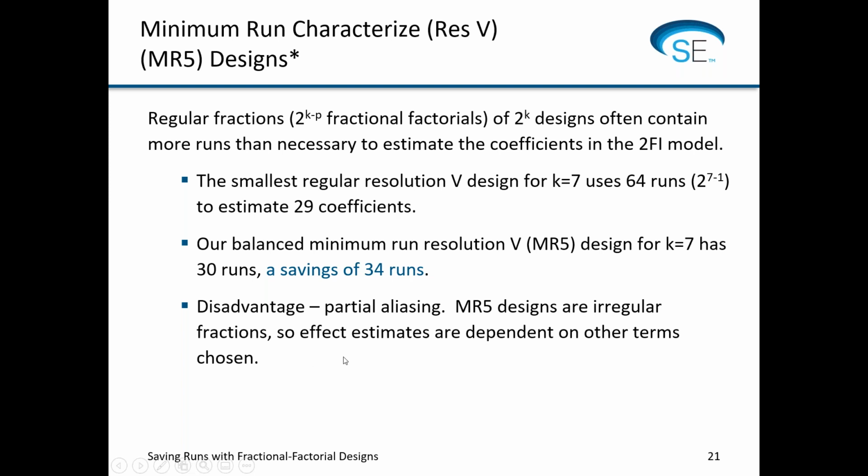So choosing the terms is not as clean as you're used to. But Design Expert has very powerful algorithms built in. And so if you just watch as you're choosing effects and do it carefully, then it works out really well.